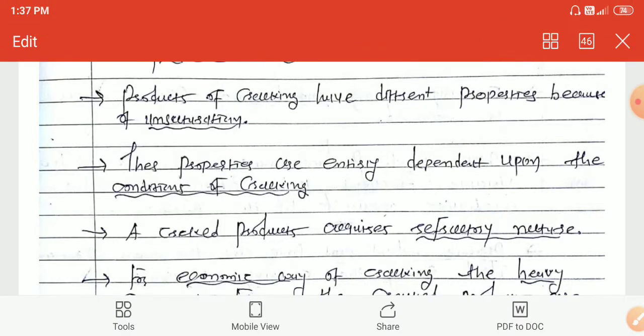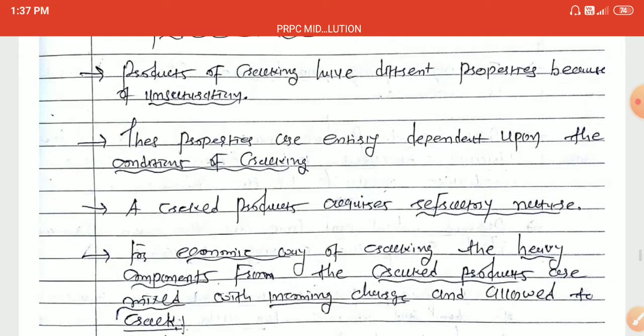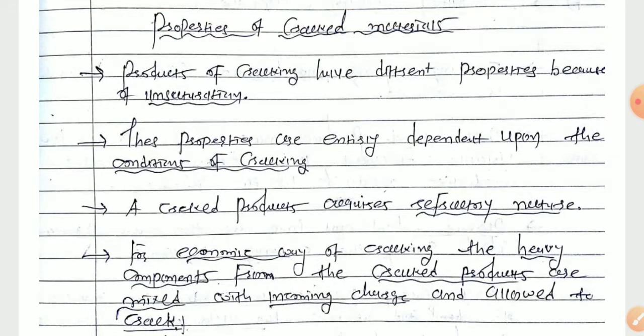Okay, some properties of the cracked material we discussed in the second chapter, that is the revision part. The products of cracking have different properties because of unsaturation. These properties are entirely dependent upon the conditions of the cracking.